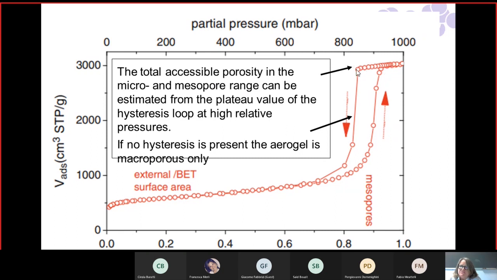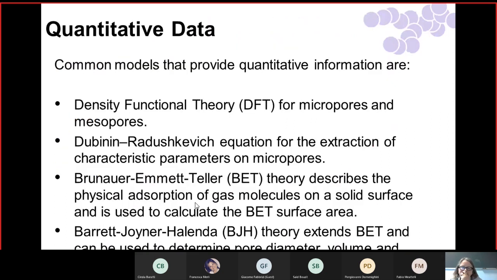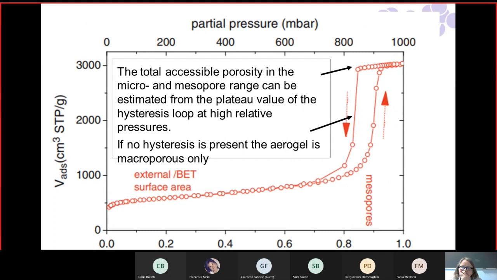Okay, don't forget there are also macropores, but this does not measure macropore size. So again, if there's no hysteresis, we don't have mesopores, we just have macropores. Again, remember, mesopores are 2 to 50 nanometers. Okay, so that's just qualitative. Any questions on the isotherms?